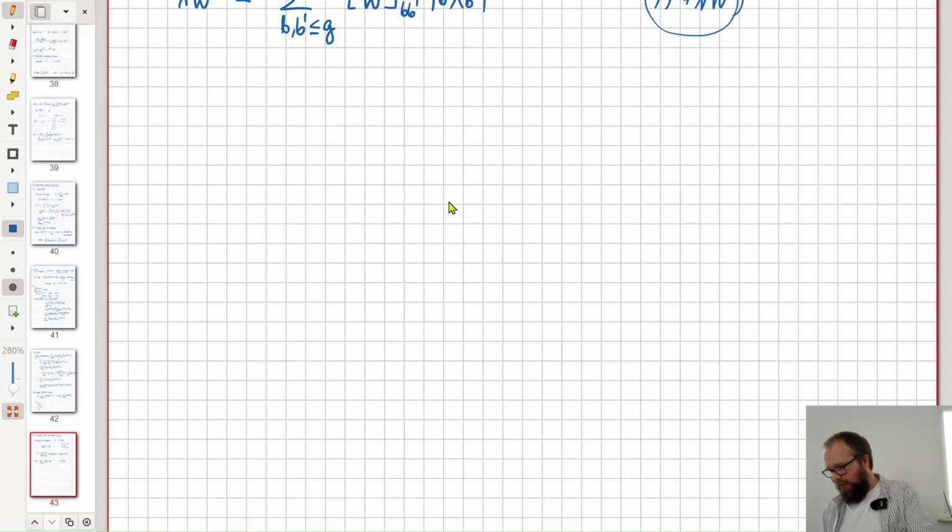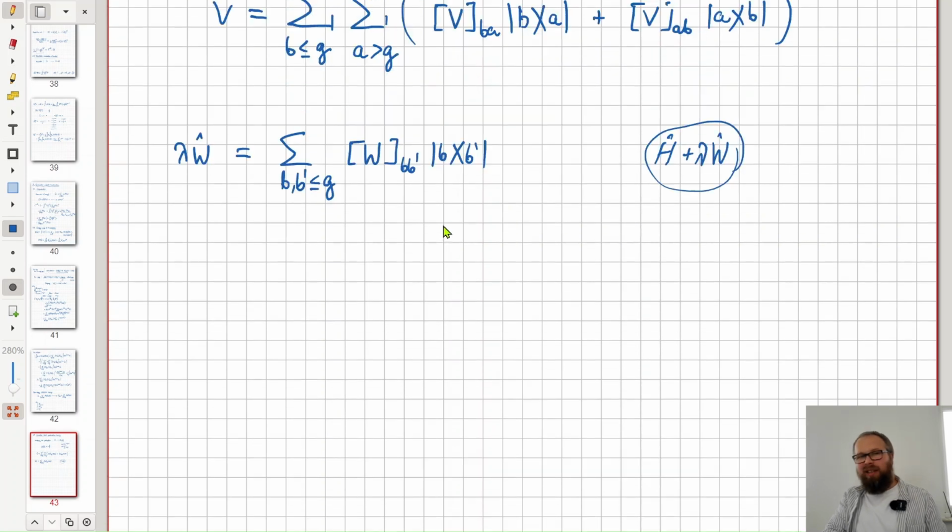Okay. So the gap gave us the reason to think about constructing an effective description of the lower dimensional system. So we want to preserve it somehow, even though there is a perturbation.